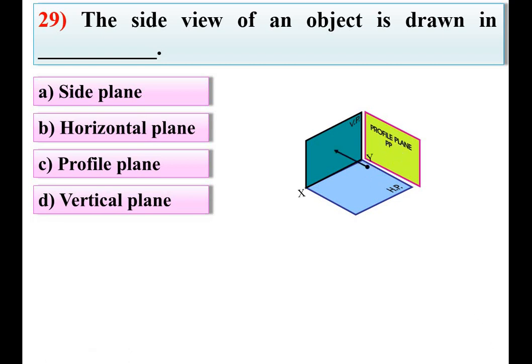So if I want to draw the front view, then it is projected on the VP. If I want to draw the top view, then it is projected on the HP. And if I want to draw the side view, then that will be projected on the profile plane. So C is the right answer.